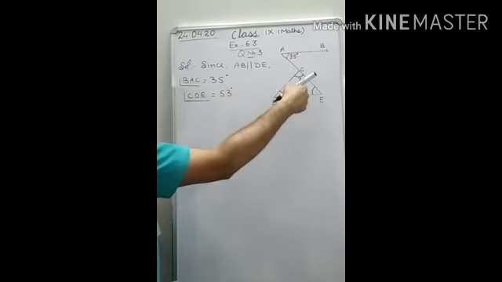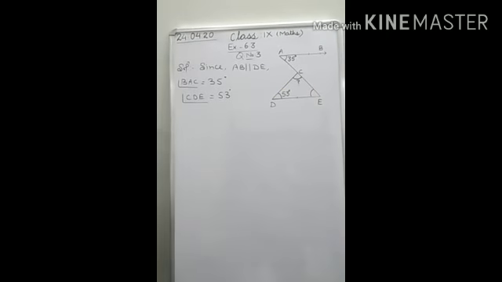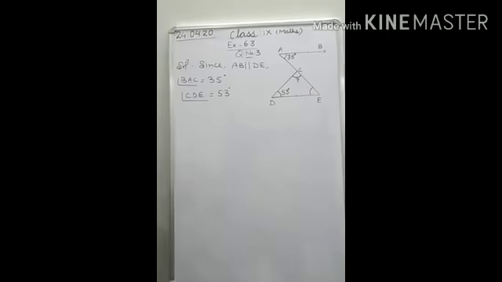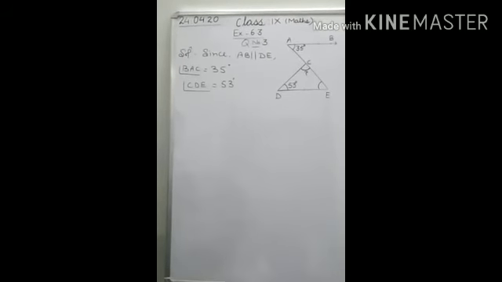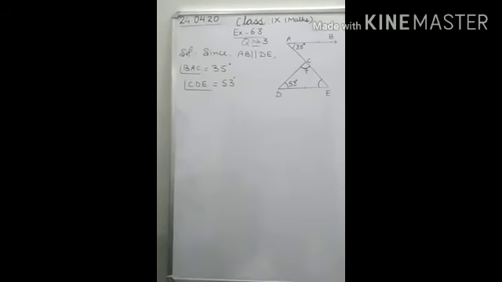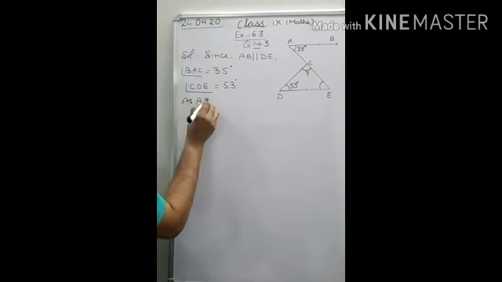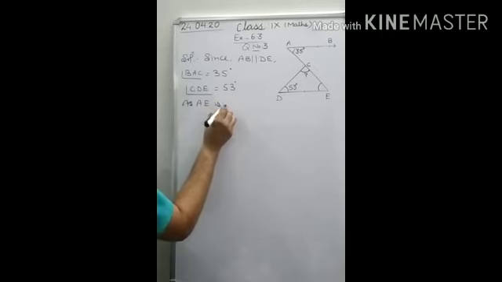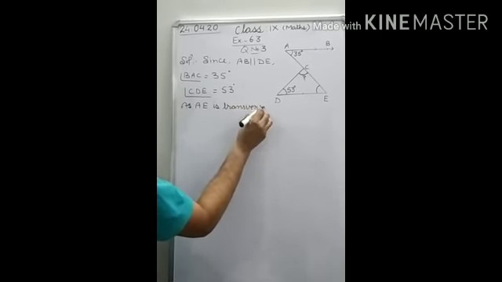So these two angles, angle A and angle E, which angles are they? They are alternate interior angles. And we know that if lines are parallel, then alternate interior angles will be equal. So we will use the same. AE is a transversal.